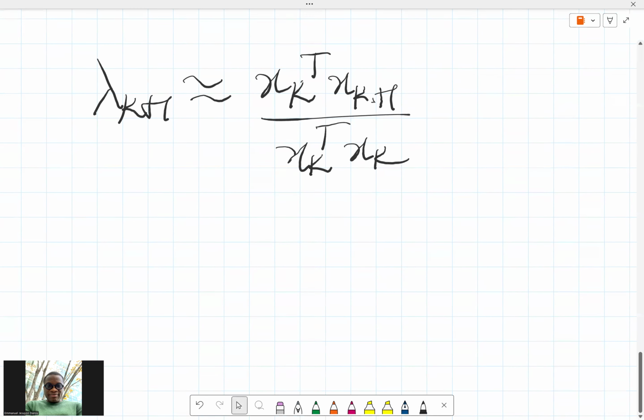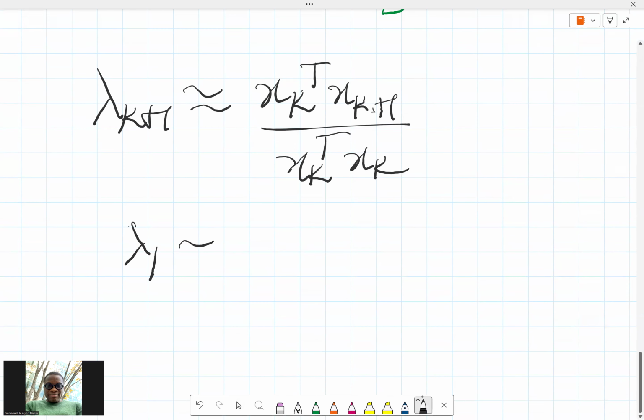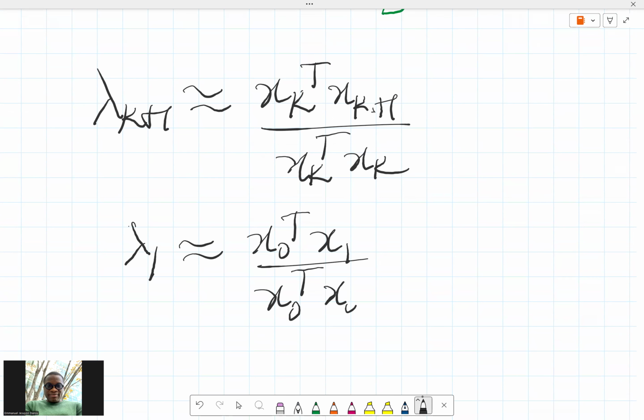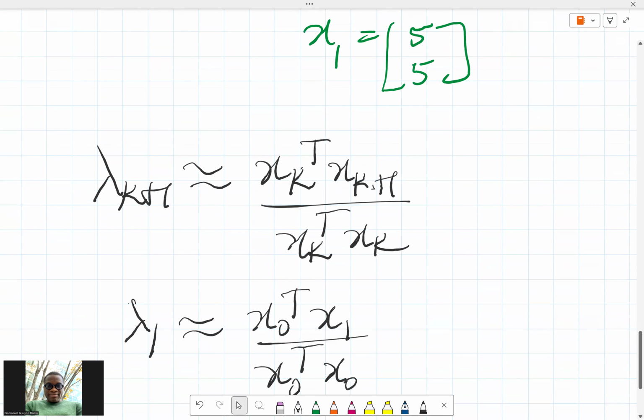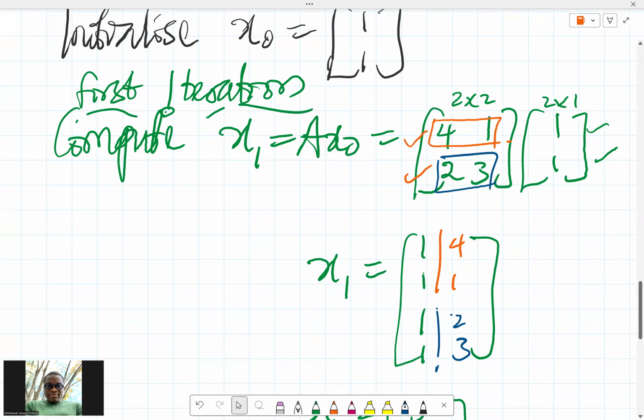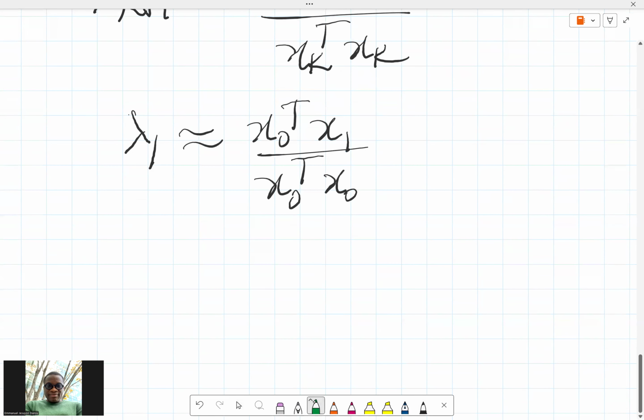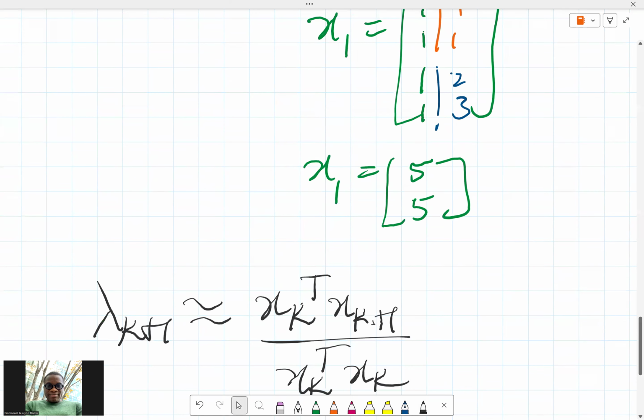So that means lambda 1 would be approximately x naught transpose x1, taking k as 0, all over x naught transpose x naught. This makes more sense like this. So lambda 1 is now approximately x naught transpose, and x naught itself is [1, 1].